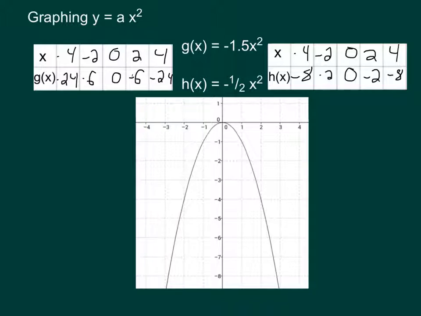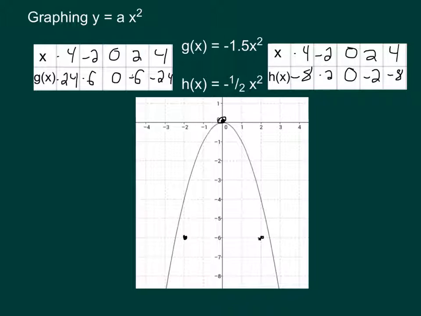You can see that I'm probably not going to be able to graph 4, negative 24, or negative 4, negative 24, but that's okay. I'll have the 3 points from the middle that I can graph. So I'll graph that function first. 0, 0 is certainly still in play. Negative 2, negative 6, and same thing for 2, 6.